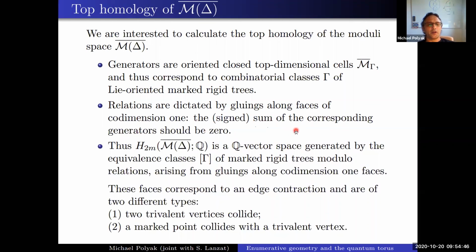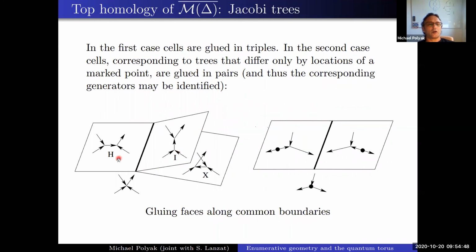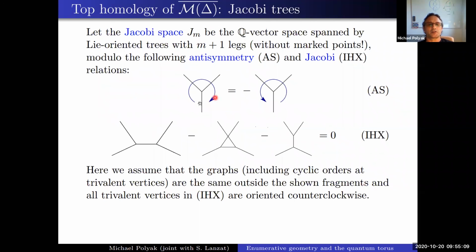And the gluings happen when some internal edge collapses, or when one of the marked points collides with the triple vertex. So there are two types of relations between our generators.